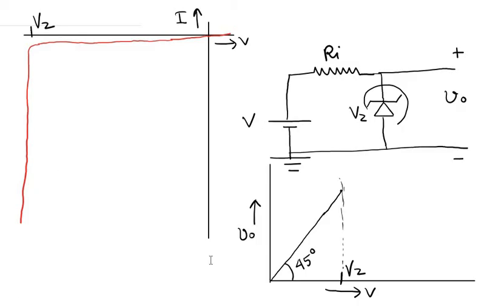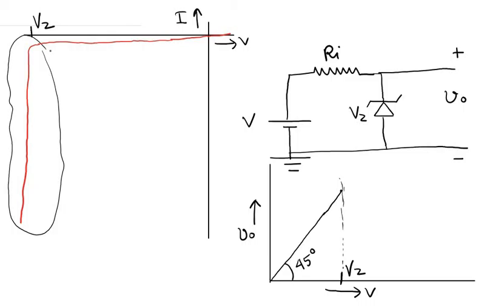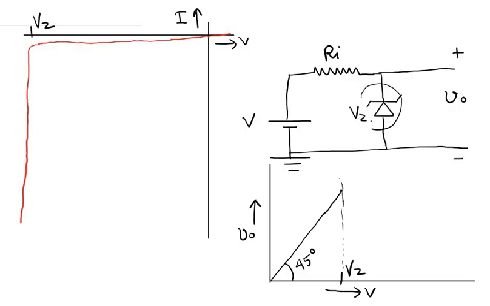When the diode enters the breakdown regime, the voltage across the diode cannot change much, because as we see here, even for a large change in the current, the voltage change across the diode is negligible. So once the input voltage reaches the value of Vz, the output across the diode becomes constant.